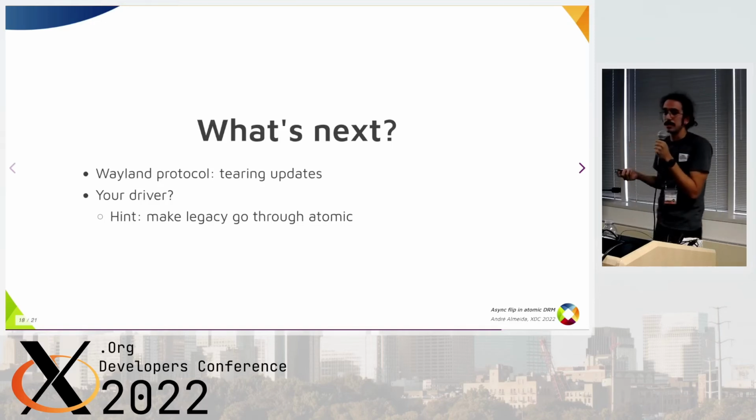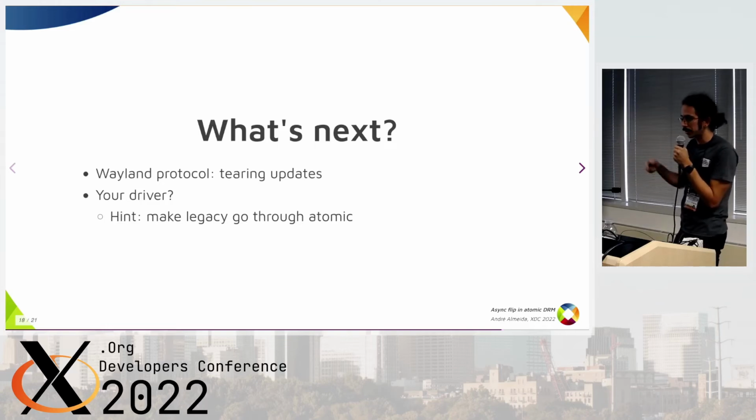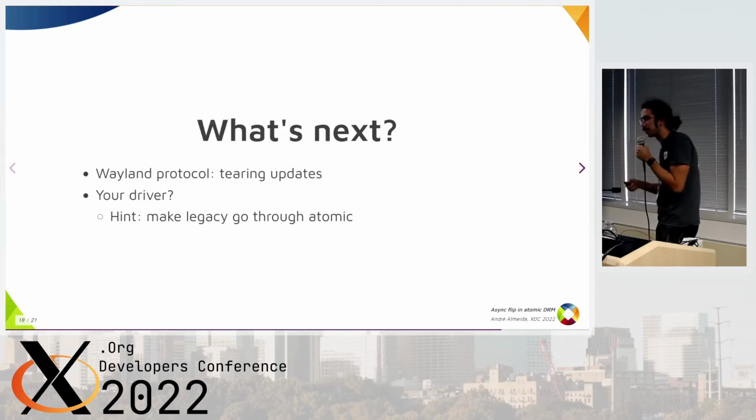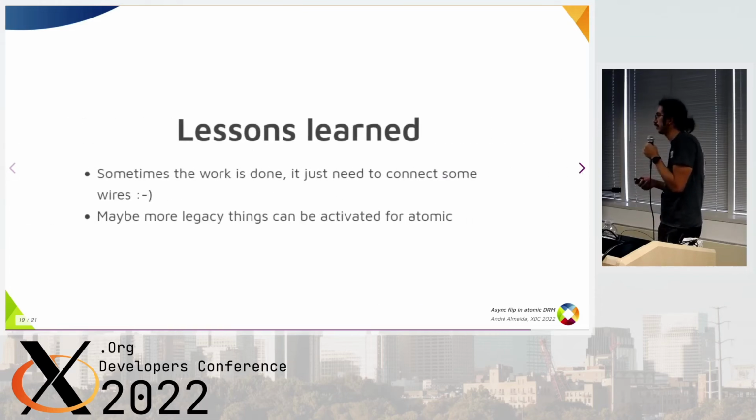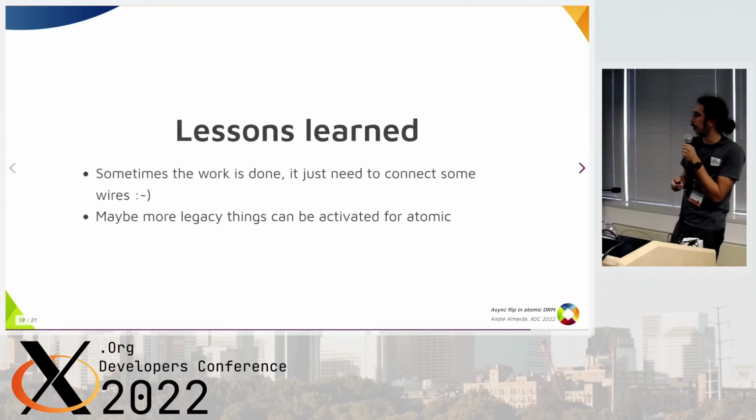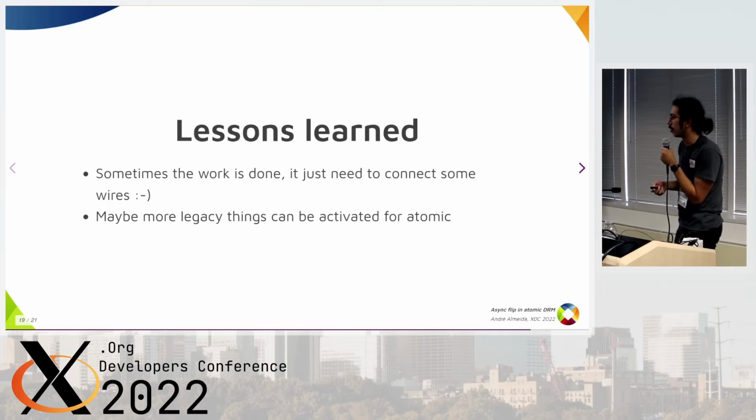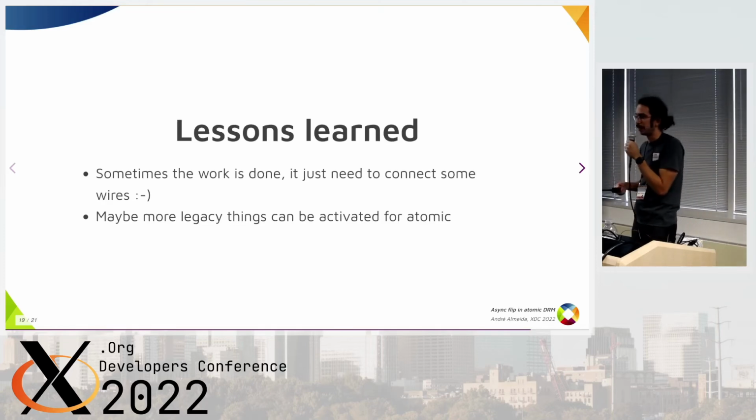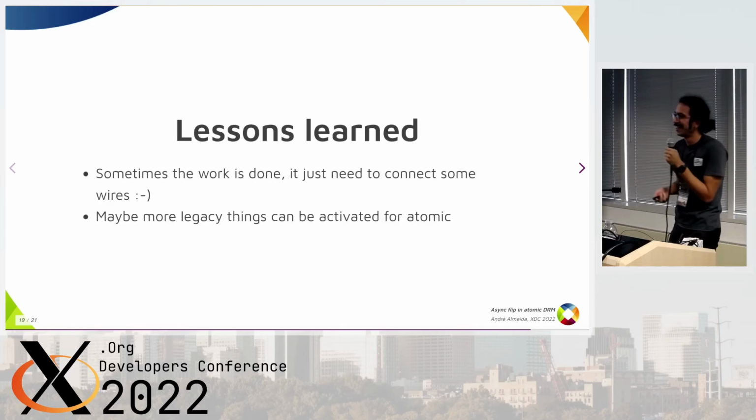It's quite easy if internally all your legacy things go to the Atomic side. So yeah, if you do that, it's very easy to support async Atomic. And what I learned from all this is that maybe your work is just done. It's just a matter of writing 4 lines of code.